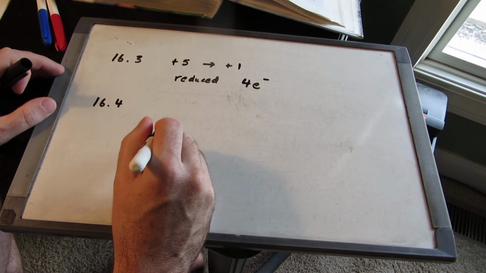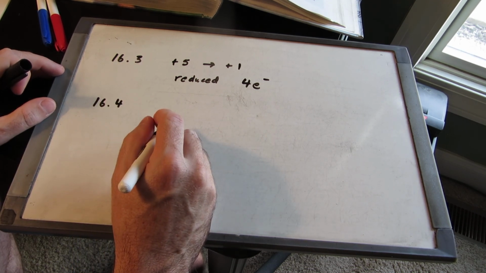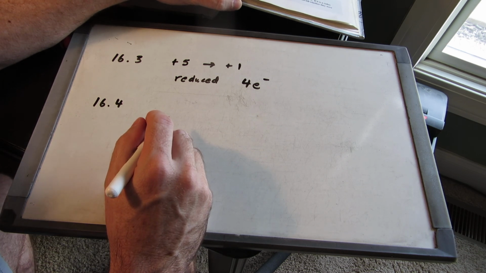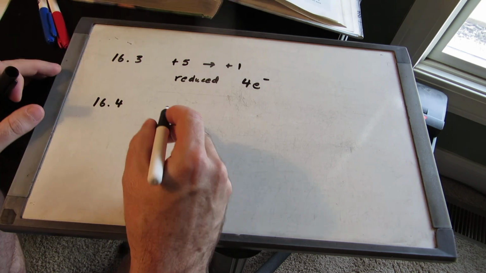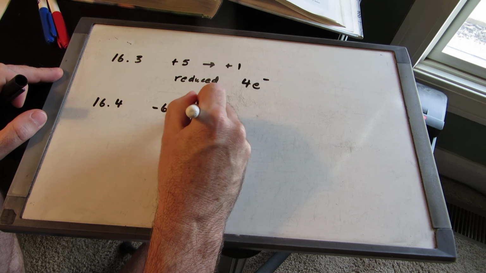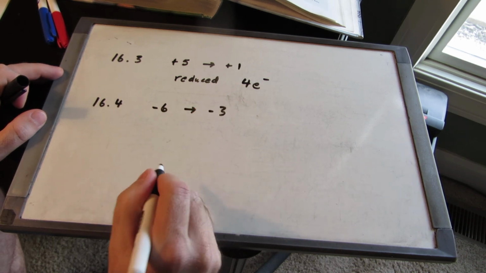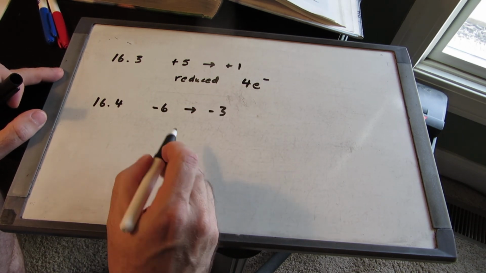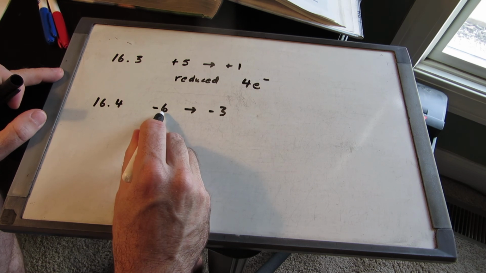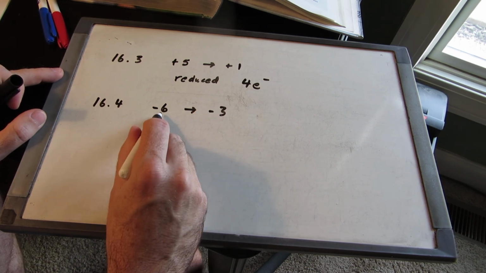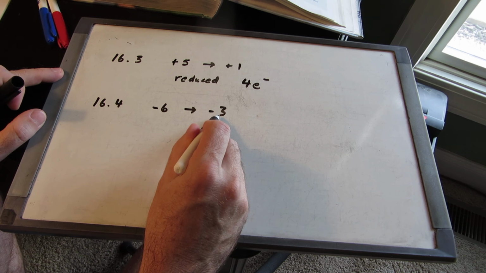16.4 says that an atom goes from oxidation number of -6 to -3. Was it oxidized or reduced? Well, it's becoming less negative. It was -6, now it's -3. That means electrons went away.